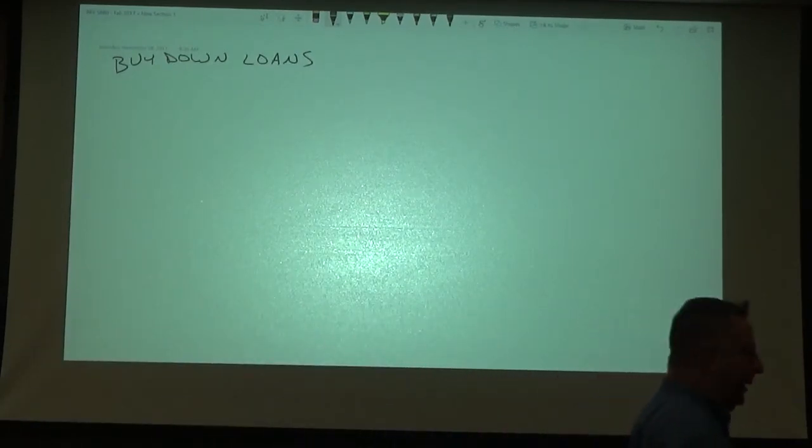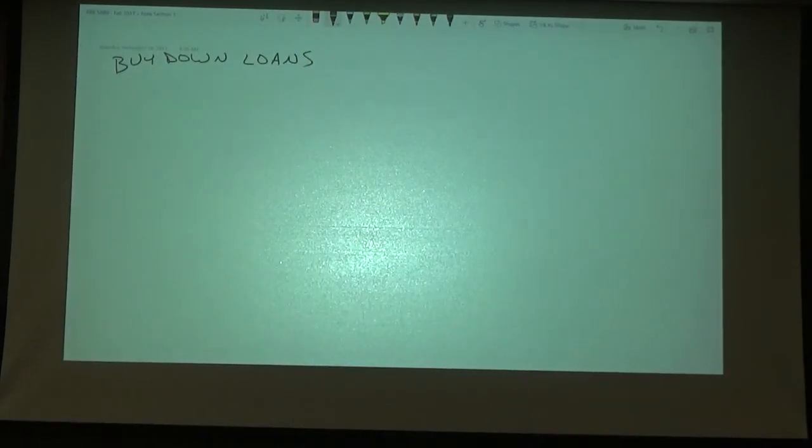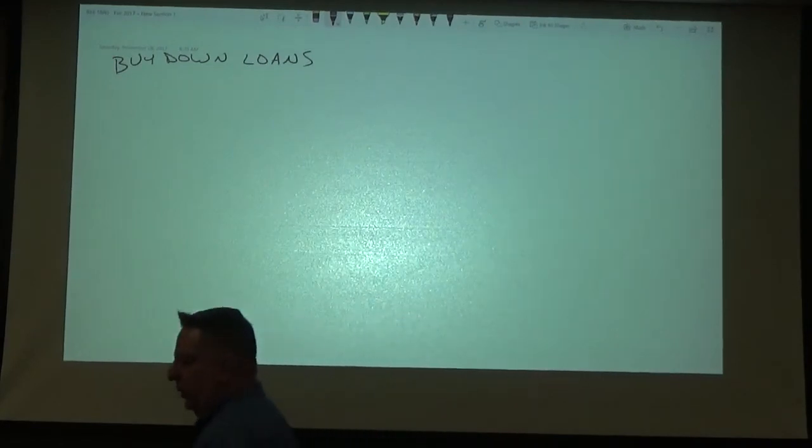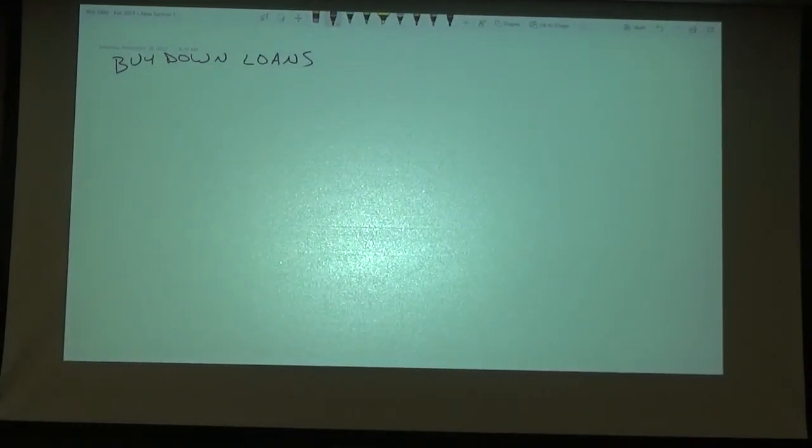All right. Buy down loans. Okay. Now this one can get a bit dicey and a bit controversial because of how sometimes it gets utilized. Quite common in the past with a lot of condo developers.